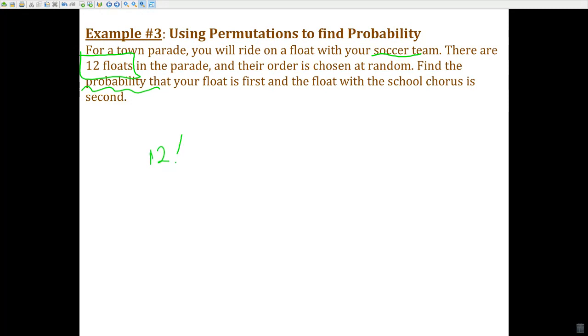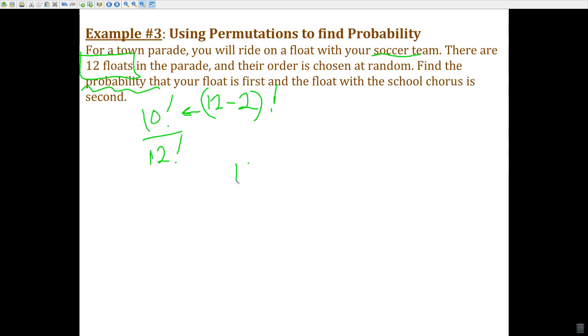So how many possible outcomes are there? Well, 12 factorial. How many is your favorable outcome? Well, you have 2 outcomes that you want to happen minus the 12 total, right? That's what that was at the top there, or at the other side. But notice we're kind of flipping the problem around. So really it's 10 factorial here.